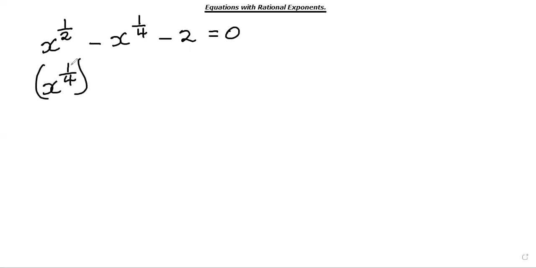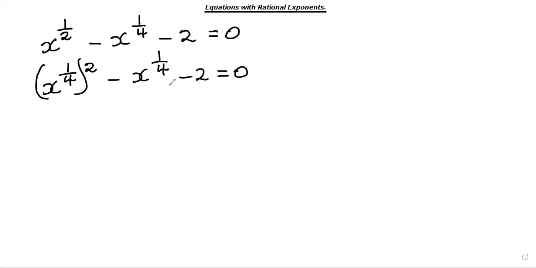So it's going to be x to the quarter, which is all squared. You didn't change anything. If you multiply these two, you still get the half there. Then this one, you write it as it is. The same holds for the last term.